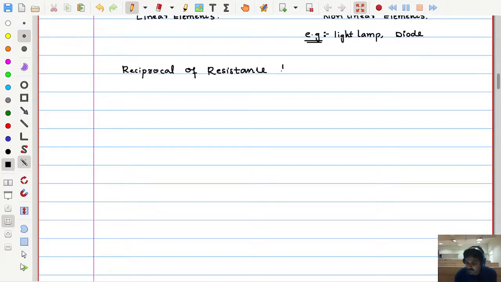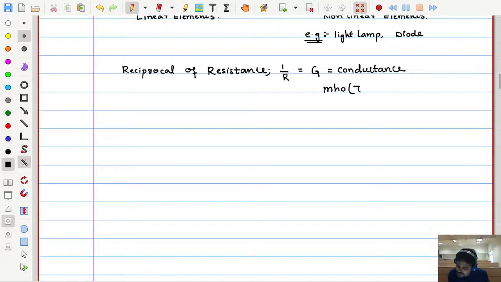That is 1 by R. This 1 by R, the reciprocal of the resistance, is referred to as the conductance, and we usually represent it by the letter G. G represents the conductance, and the unit for G is mho.